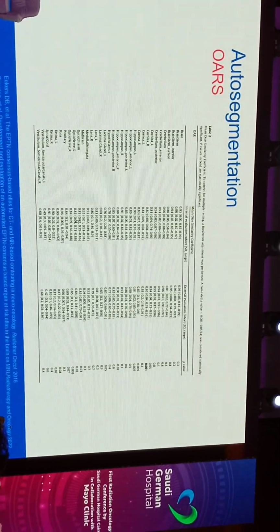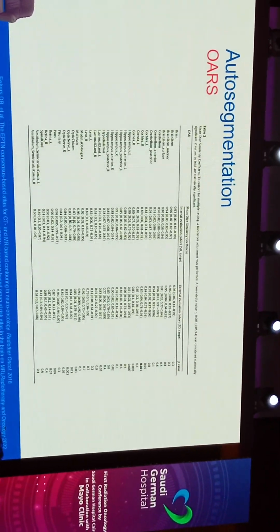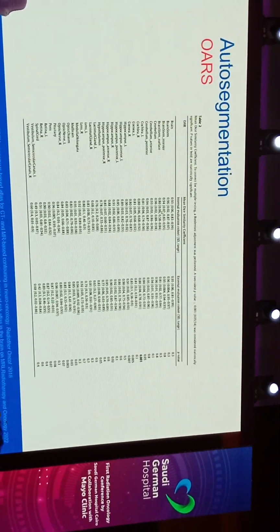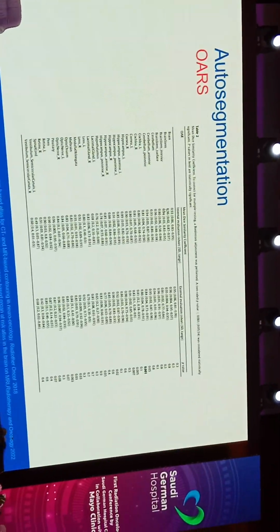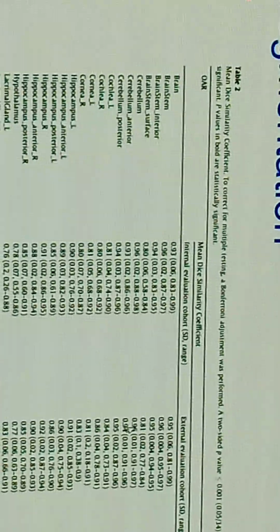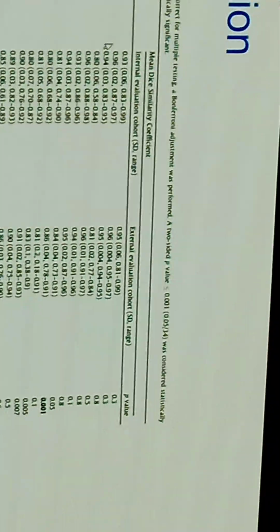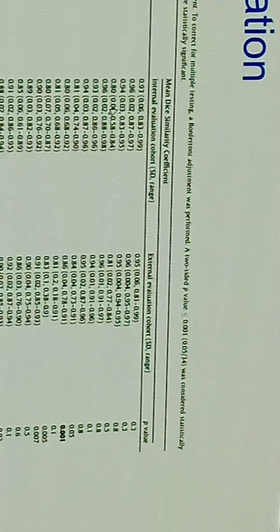That same EPTN group looked at AI segmentation for these structures that they recommend contouring and showed that there was a pretty good dice overlap between the auto-segmentation and humans.